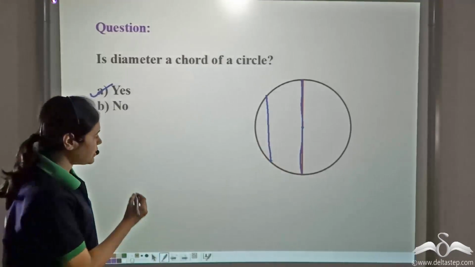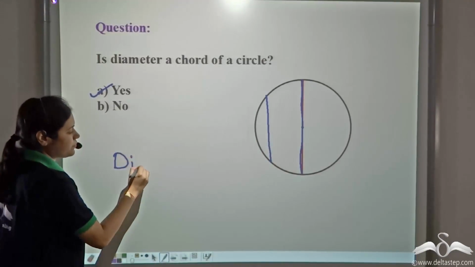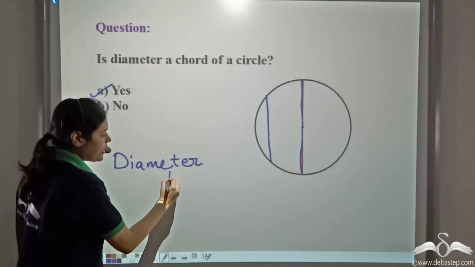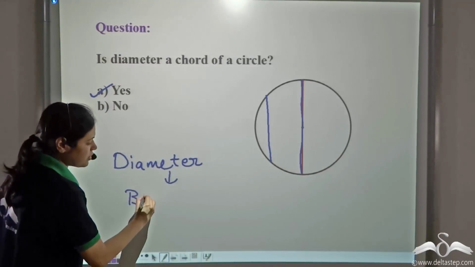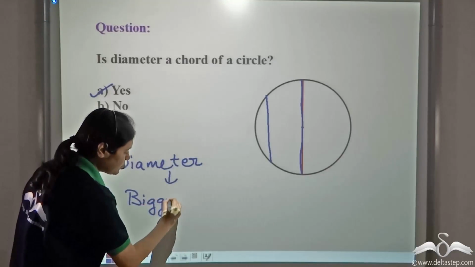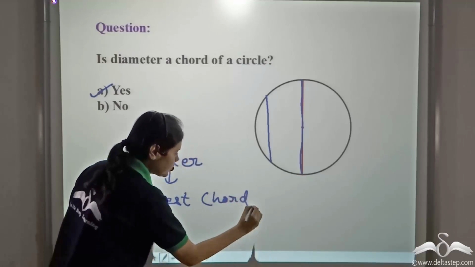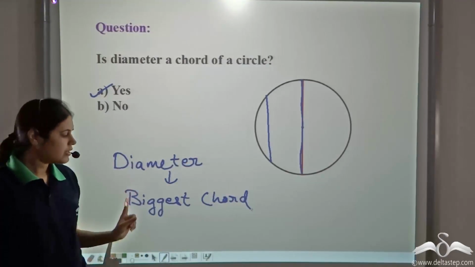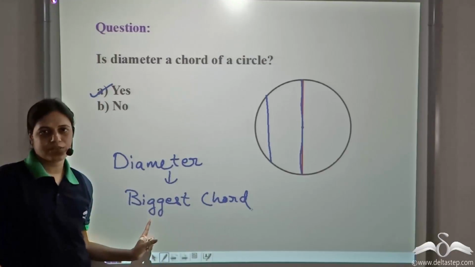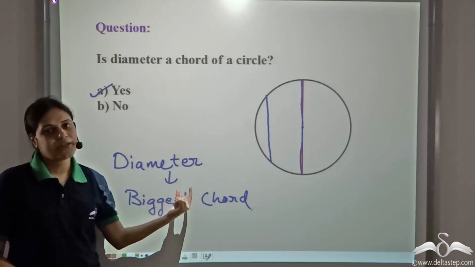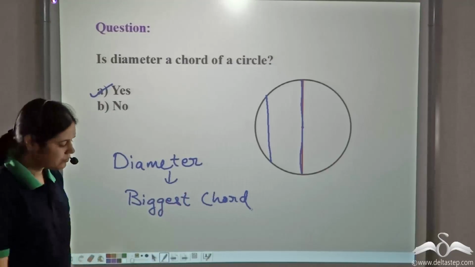Now, the diameter is the biggest chord of the circle. There is no chord in a circle which is longer than the diameter.